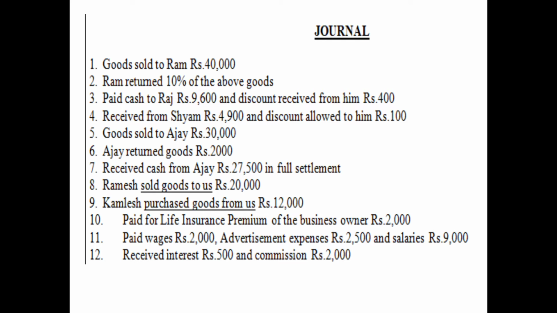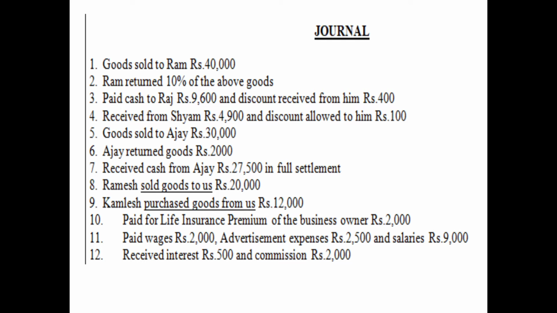Now who is the giver here? Shyam. We credit the giver. So to Shyam 5,000. The combined entry will be cash account debited 4,900, discount allowed account debited 100, to Shyam 5,000.